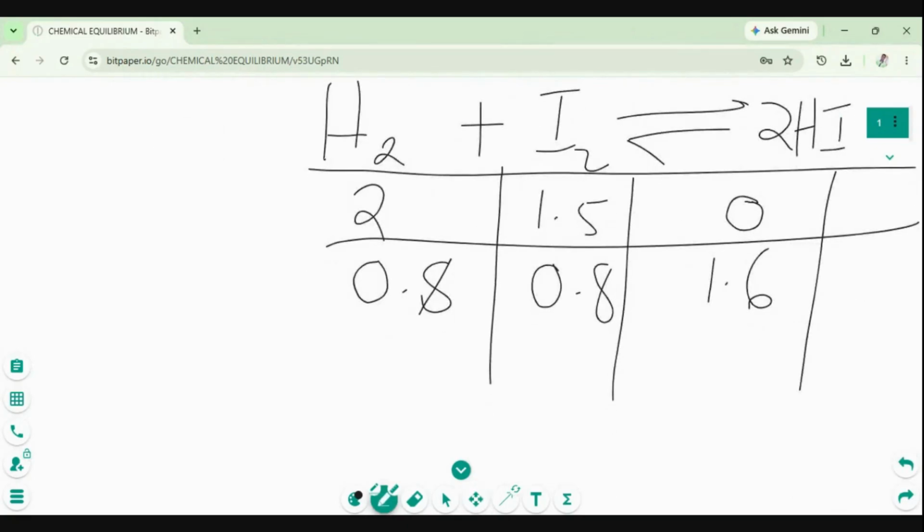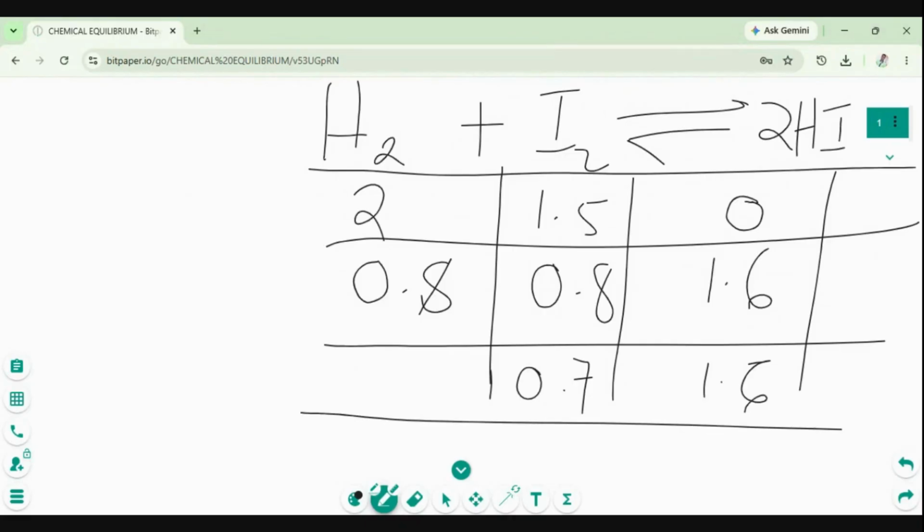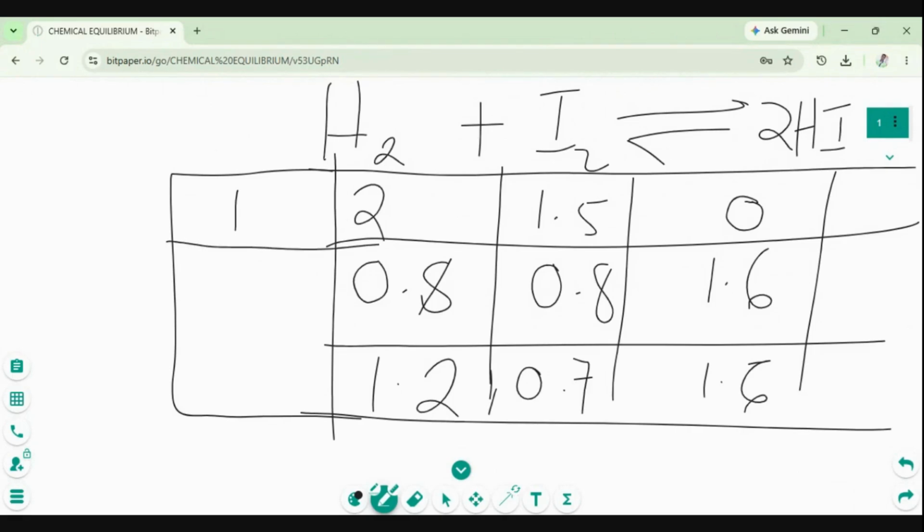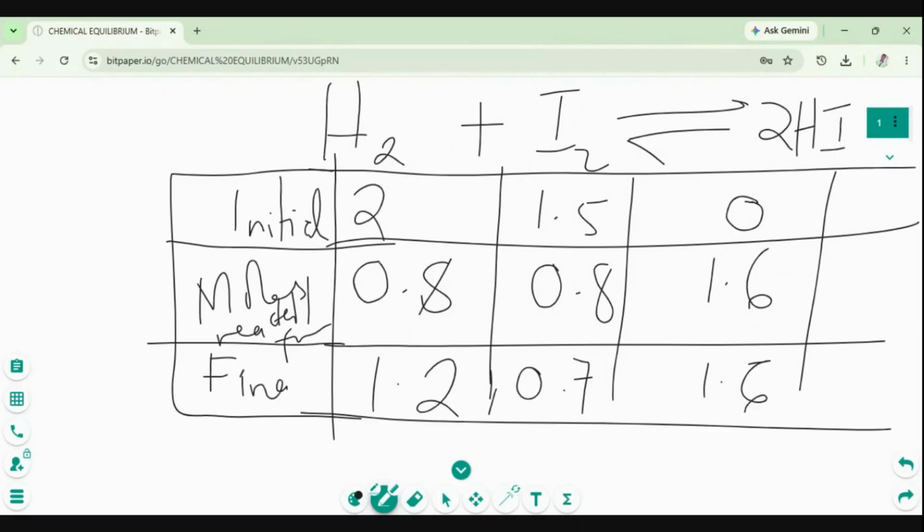And finally, we found out that this was 0.7. This was 1.6. And this was 1.2. And what are these? These are the initial moles. Then these are the moles that reacted or formed, and these are the final moles. That's the clean table.